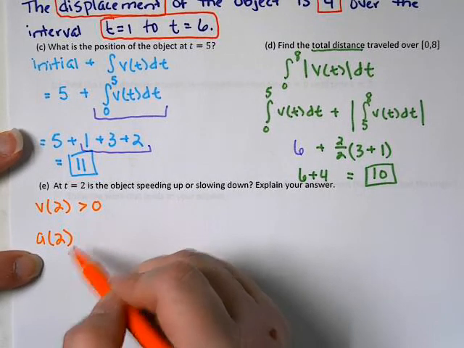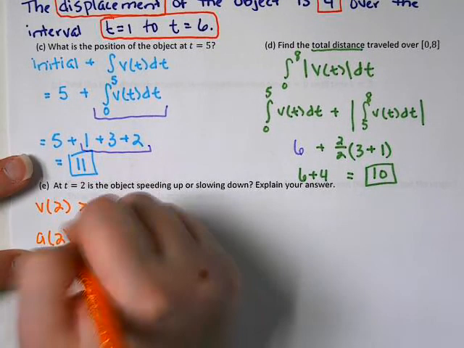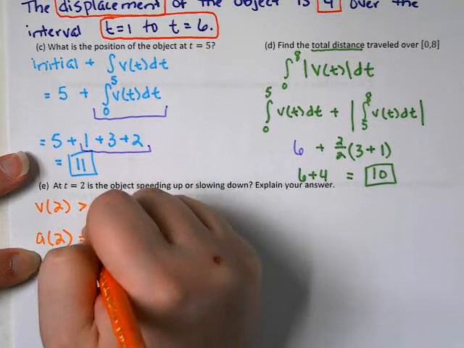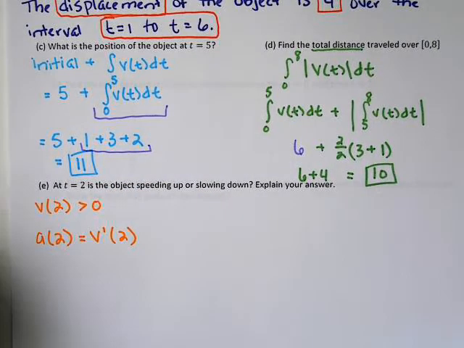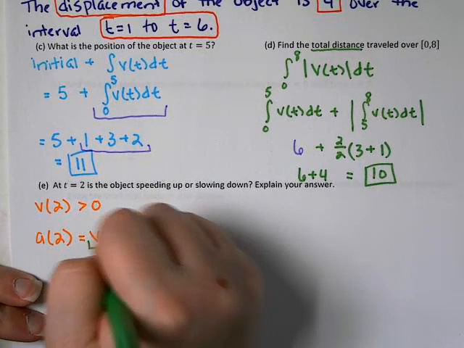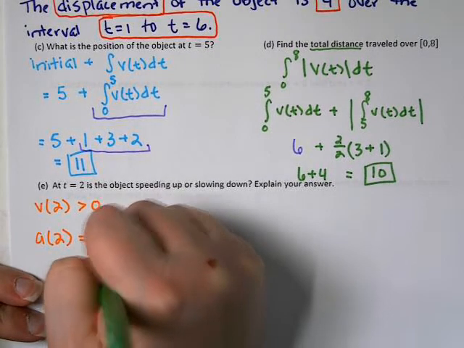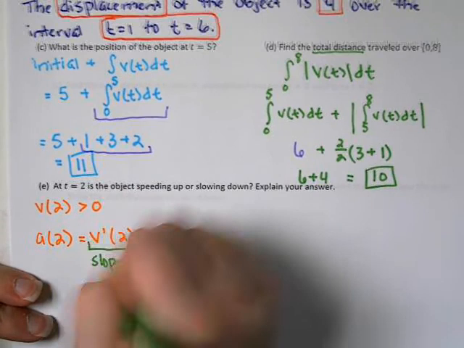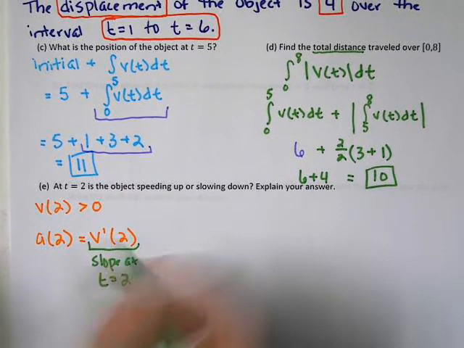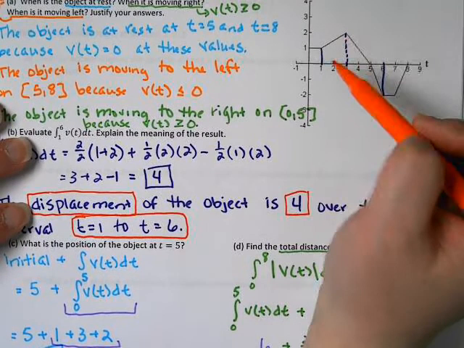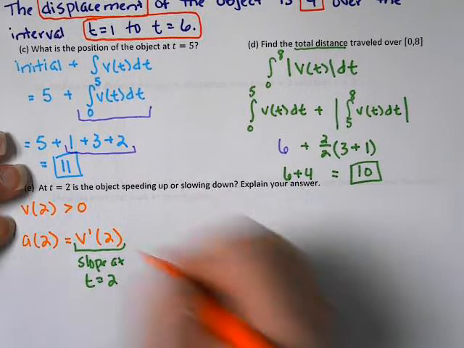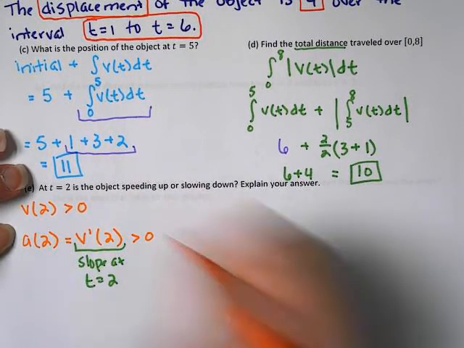And then I need to think about the acceleration at time t equals 2. We know that the acceleration is the derivative of velocity, which means I can just look at the slope at time t equals 2. Going back up to the graph, we can see that at time t equals 2 that's a positive slope, which means the acceleration at 2, regardless of what it is, is going to be positive.